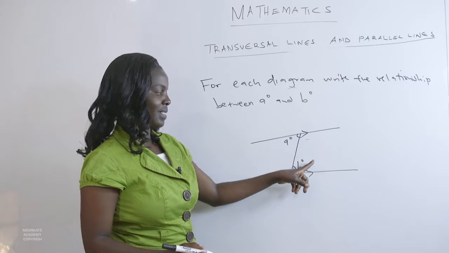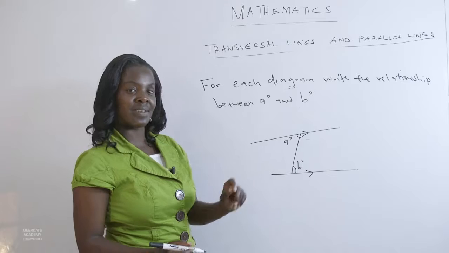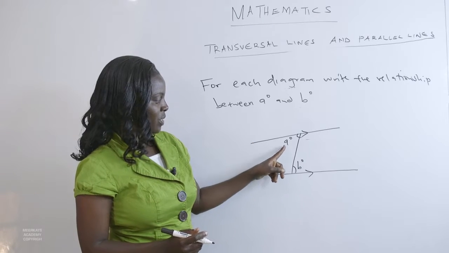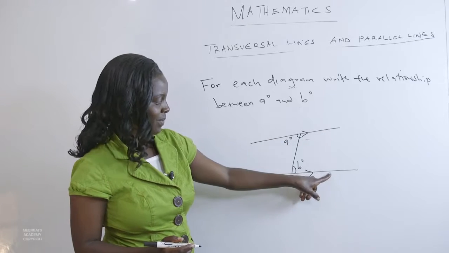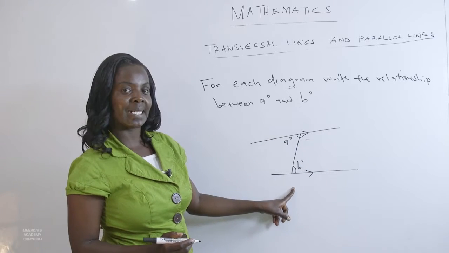Again, let us identify the relationship between A and B, giving reason. You realize that this is a parallel line with this one, and this is a transversal line.